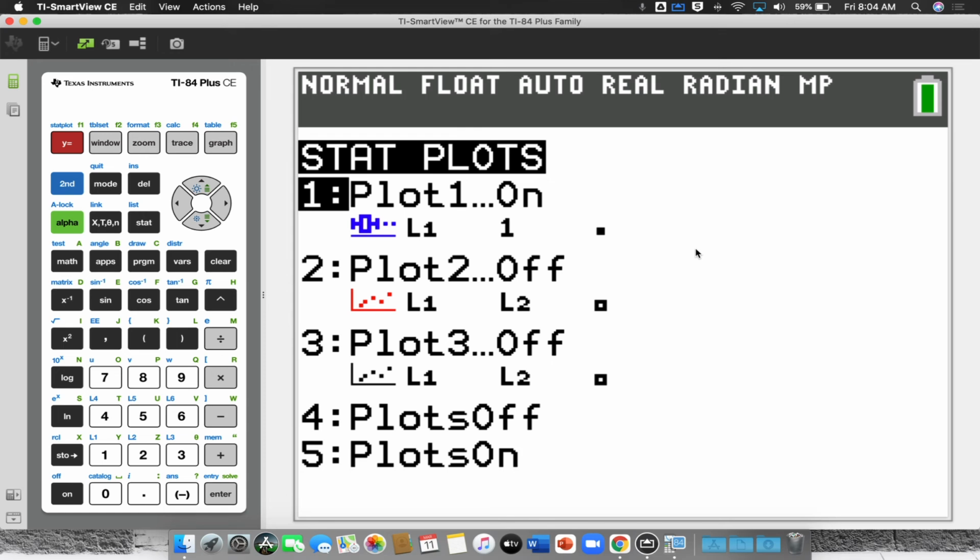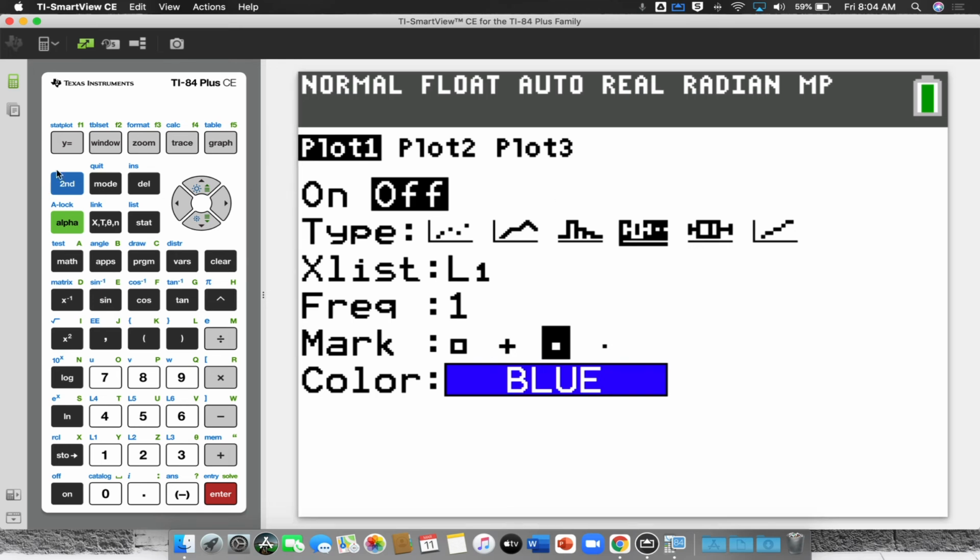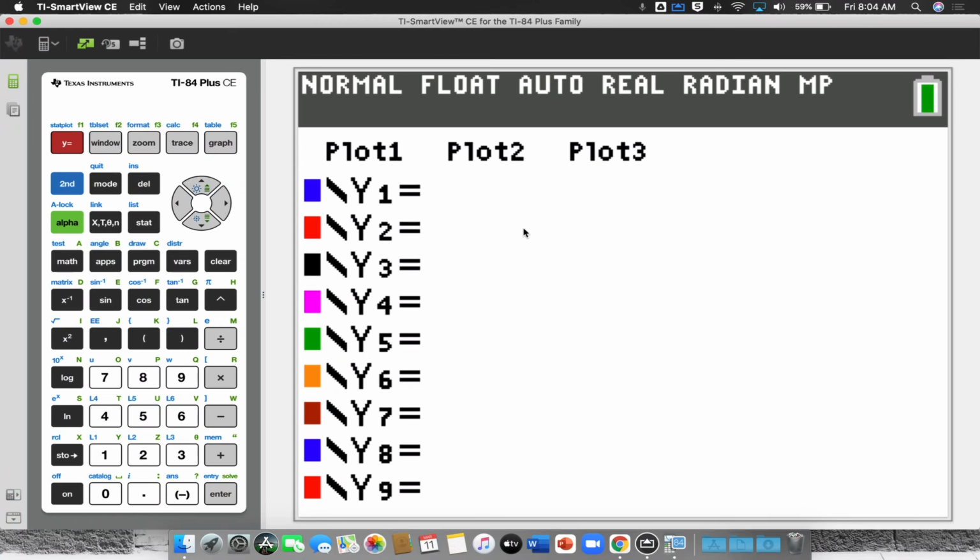How do you turn them off? You hit enter, you hit off, and you're done. That easy. Make sure everything says off. Otherwise, the calculator might freak out because it's graphing more than one thing at a time. Super easy.